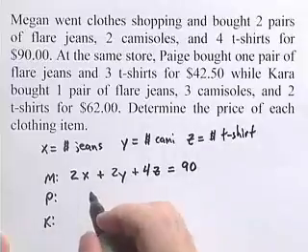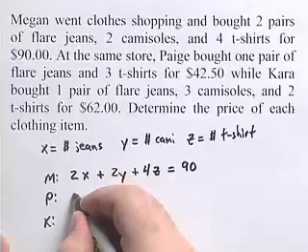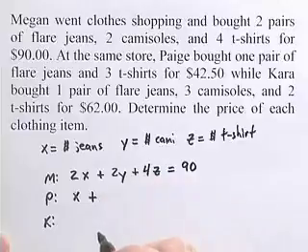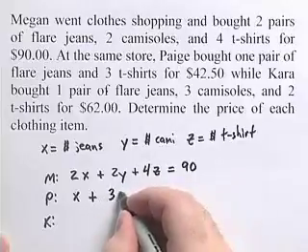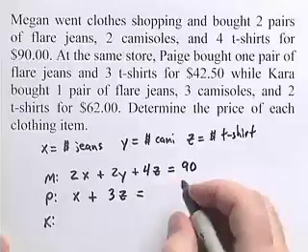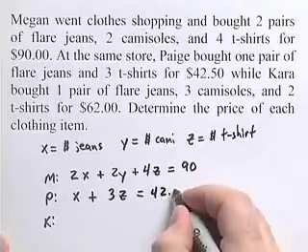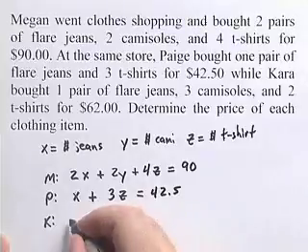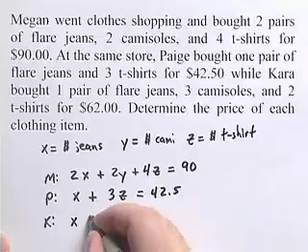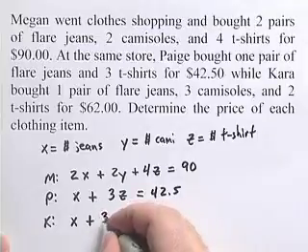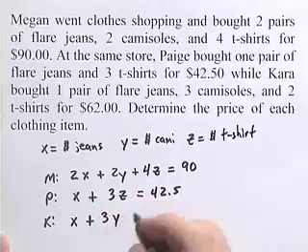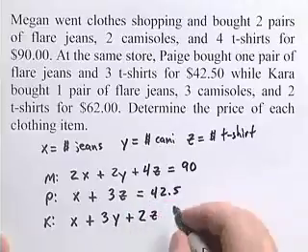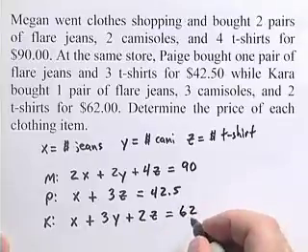Paige bought 1 pair of flare jeans, so she spent x dollars on jeans, plus she bought 3 t-shirts, so that's plus $3z, for a total of $42.50. Kara bought 1 pair of flare jeans, so she spent x dollars on jeans. She bought 3 camis, so she spent $3y on camis, and 2 t-shirts, so she spent plus $2z on t-shirts, for a total of $62.